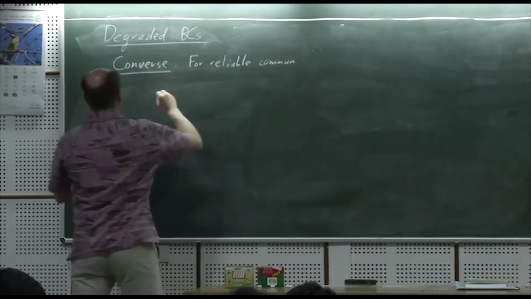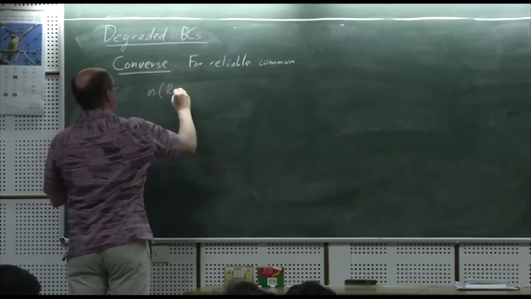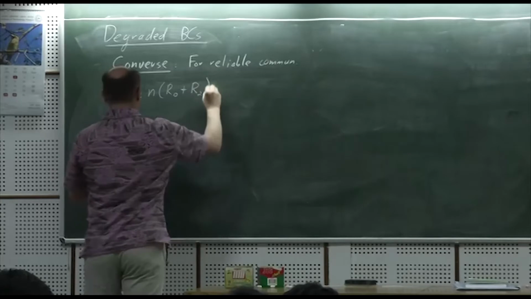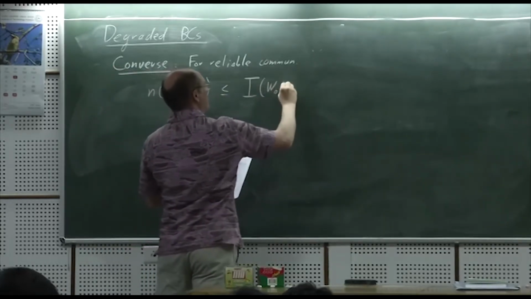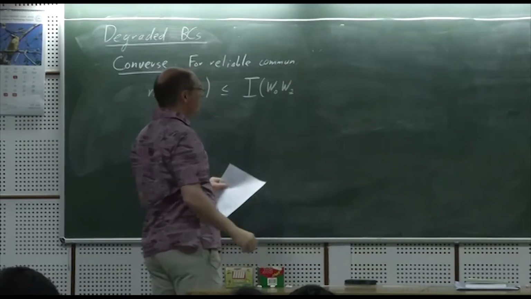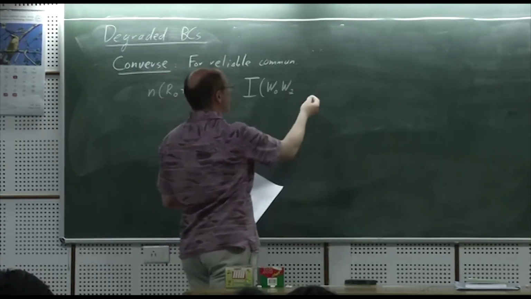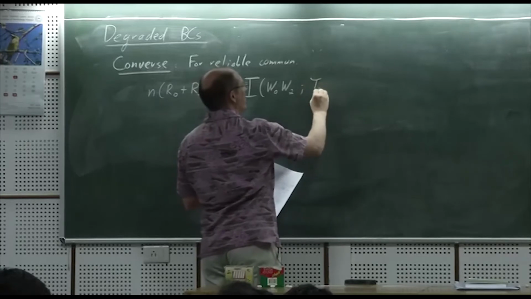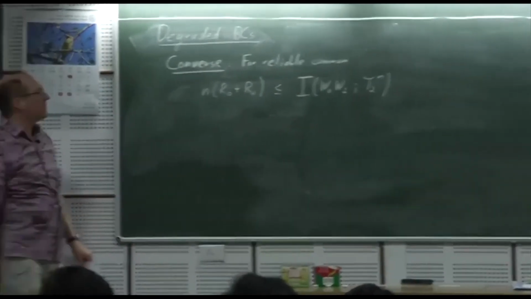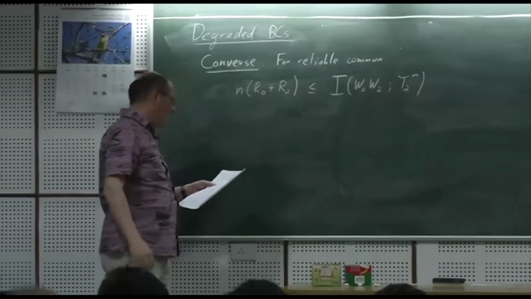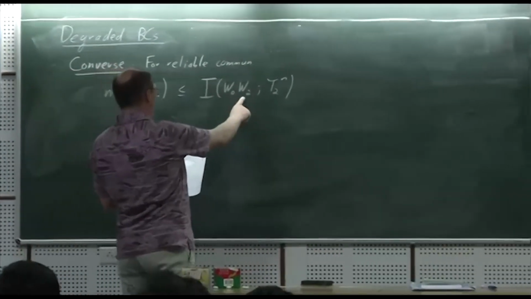For reliable communication, we must have n(R0 + R2) less than or equal to the mutual information between (W0, W2) and the observation at receiver 2, Y2^n, because user 2 wants to decode both the common as well as the dedicated message to it.